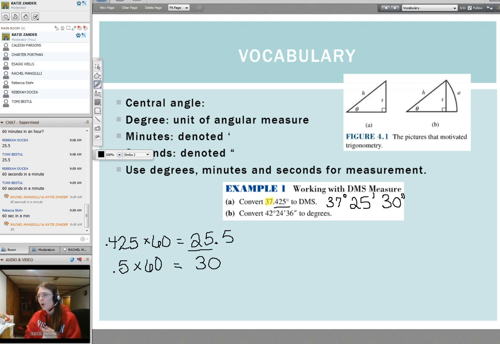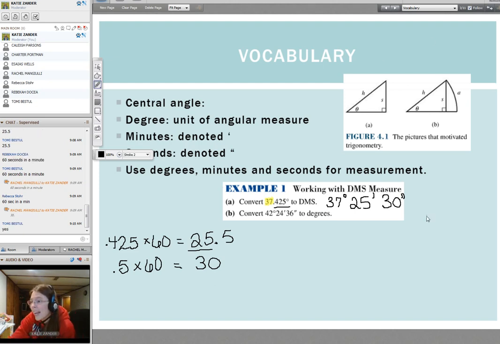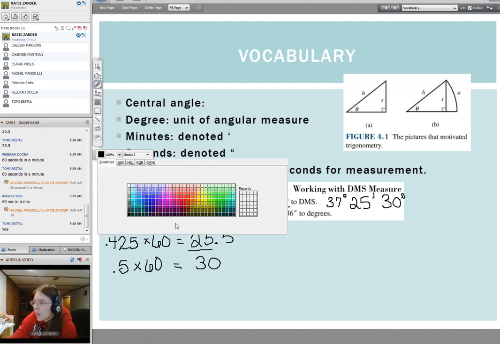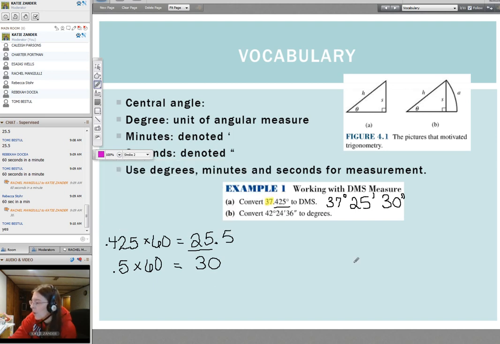Okay, part B is going the other way around now. So if I have that degrees, minutes, seconds, can I convert that to a decimal degree? Like what I have written in part A there. And we can, yep. So to do that, what we are going to do is take the 42 and add on each of these fractions.